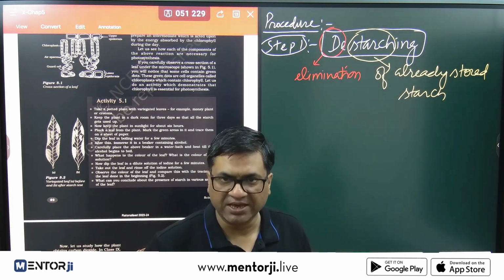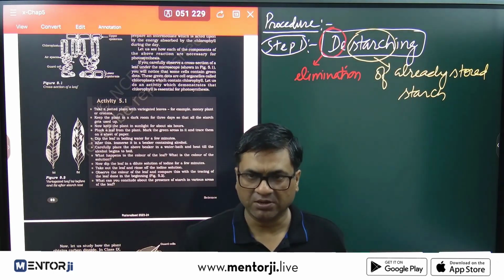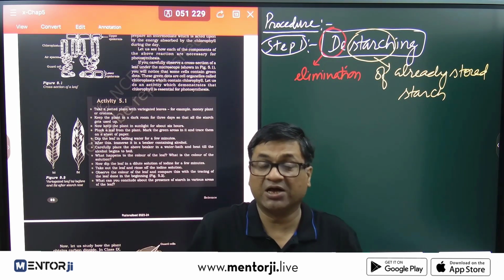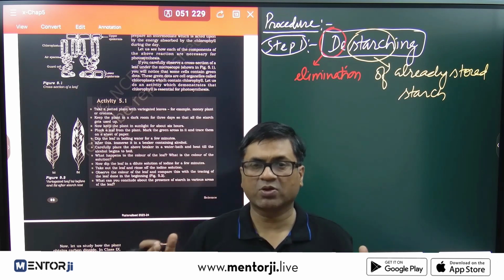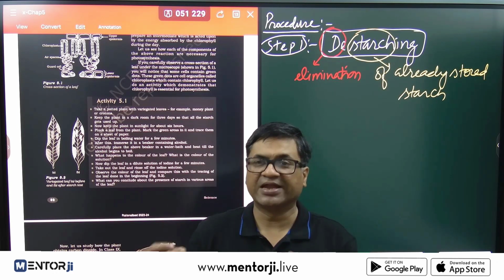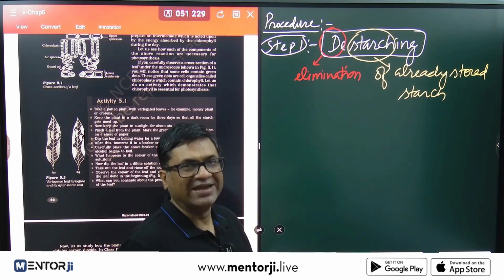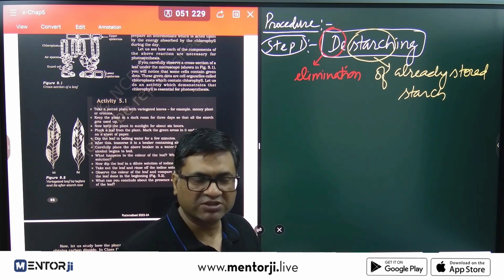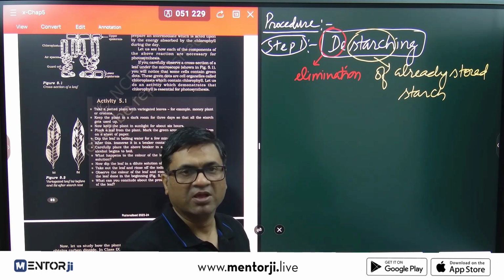बेसिक पर्पस इसका ये है कि हमें कोई कंफ्यूजन नहीं हो कि एक्सपेरिमेंट के अंदर पहले से मौजूद स्टार्च बना लिया हुआ है, या जो अब हमने इस एक्सपेरिमेंट को किया है तब ये स्टार्च बना है। तो हमारे दिमाग में कोई कंफ्यूजन नहीं हो कि हमने पहले वाला स्टार्च के हिसाब से रीडिंग ले ली है, या नए स्टार्च की रीडिंग ली है। So there should be no confusion, that's why we first eliminate all the starch stored in the plant, so that whatever starch is produced is new during the experiment, not the already stored starch.